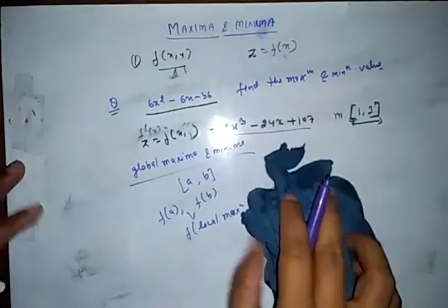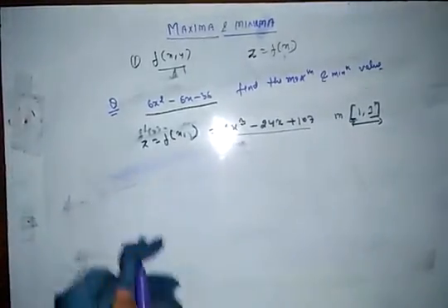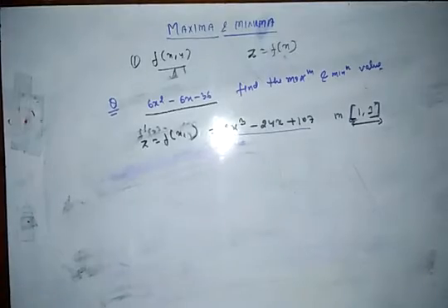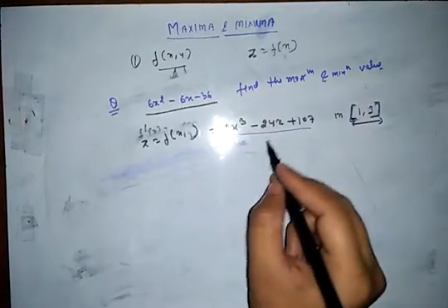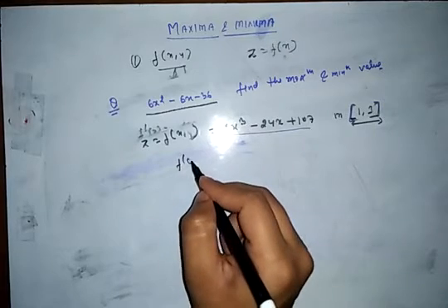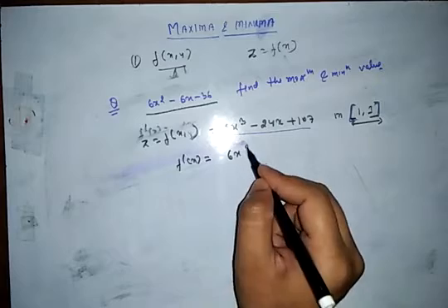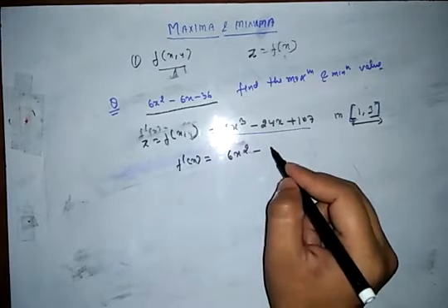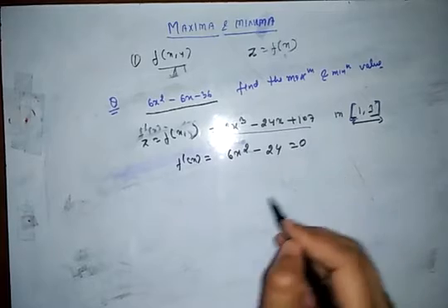So how can we solve? First find the stationary point. For the stationary points we have to differentiate. So f dash x is 6x square minus 24. Equate to 0.